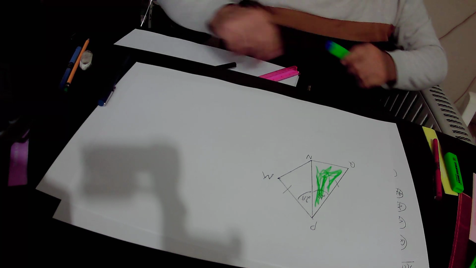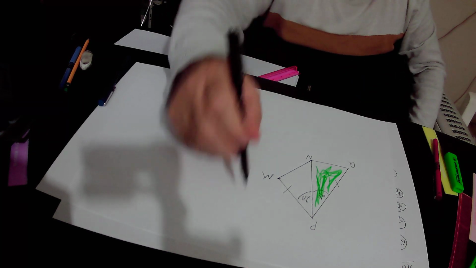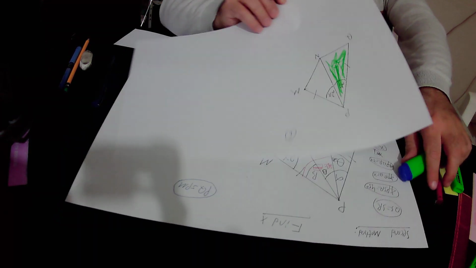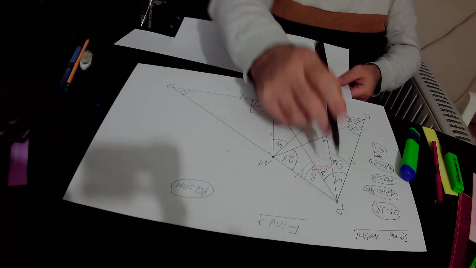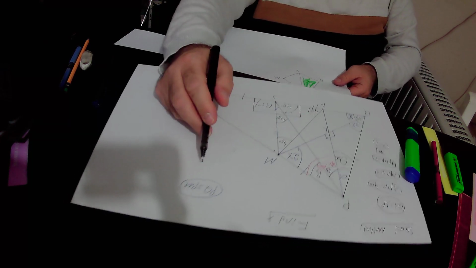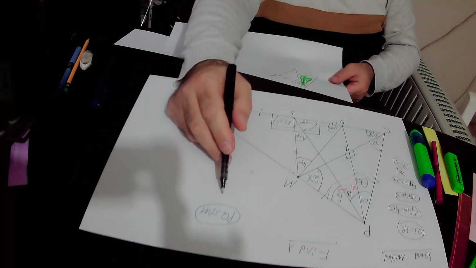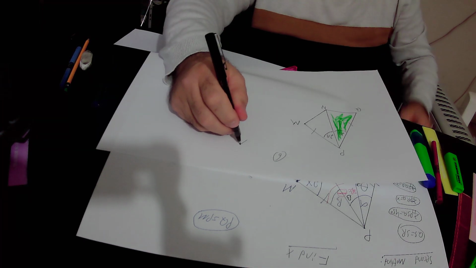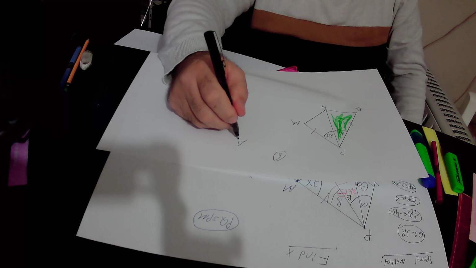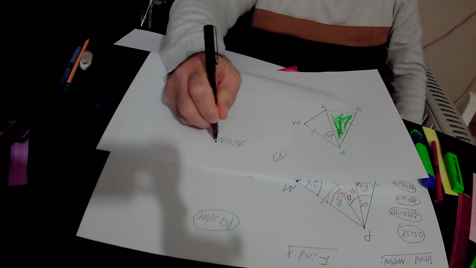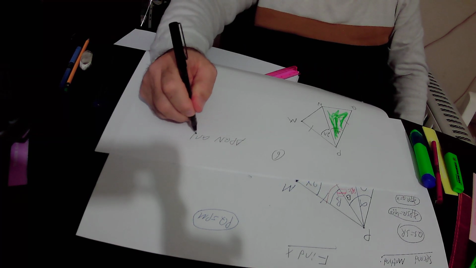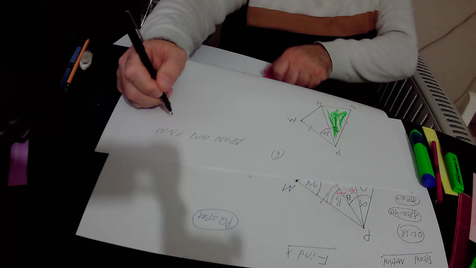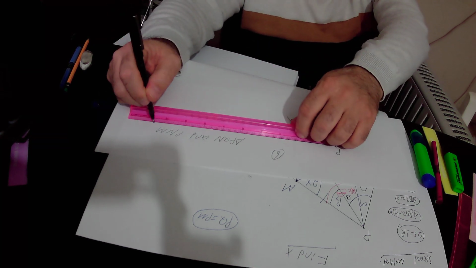Why are they congruent to each other? First of all, PQ equals PM. I wrote it here, that PQ equals PM. So in triangle PQN and triangle PNM, we prove that they are congruent to each other.